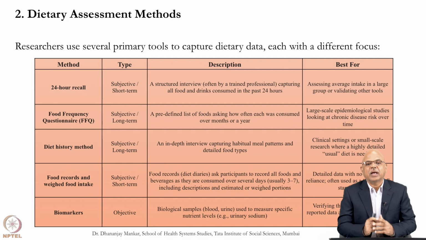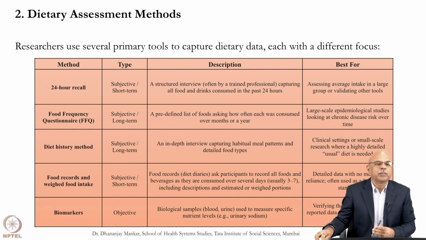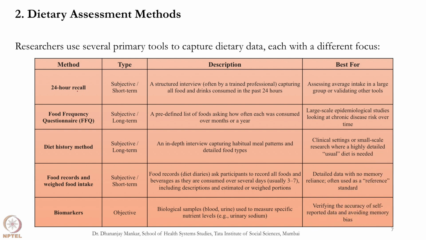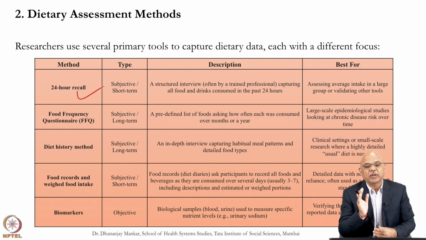Now, the dietary assessment methods. The researchers use several primary tools to capture dietary data, each with respect to different focuses. One among the first and very important methods is the 24-hour recall. That is, the type is subjective and a short-term method.